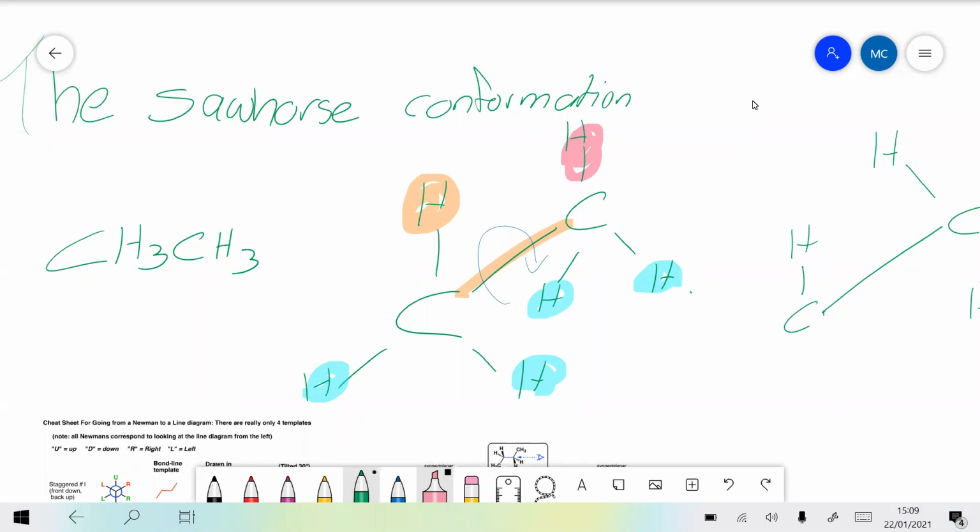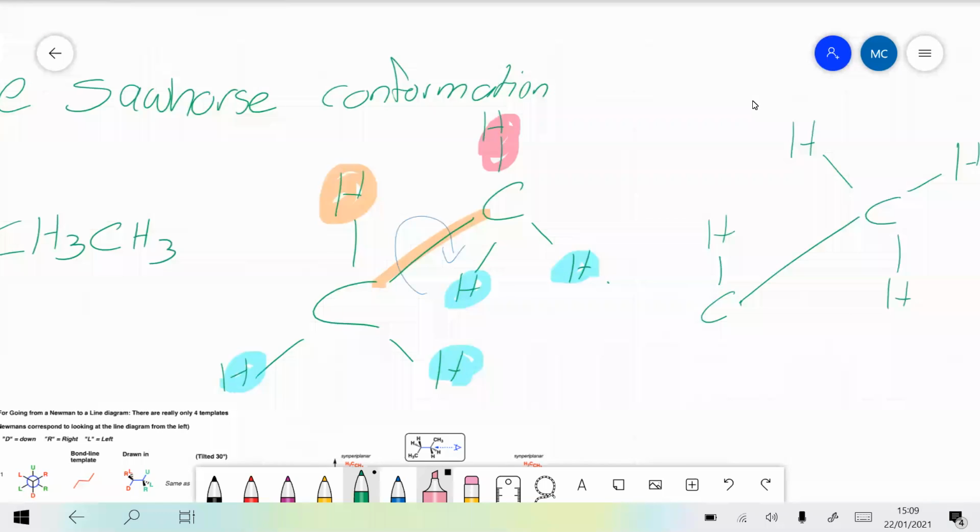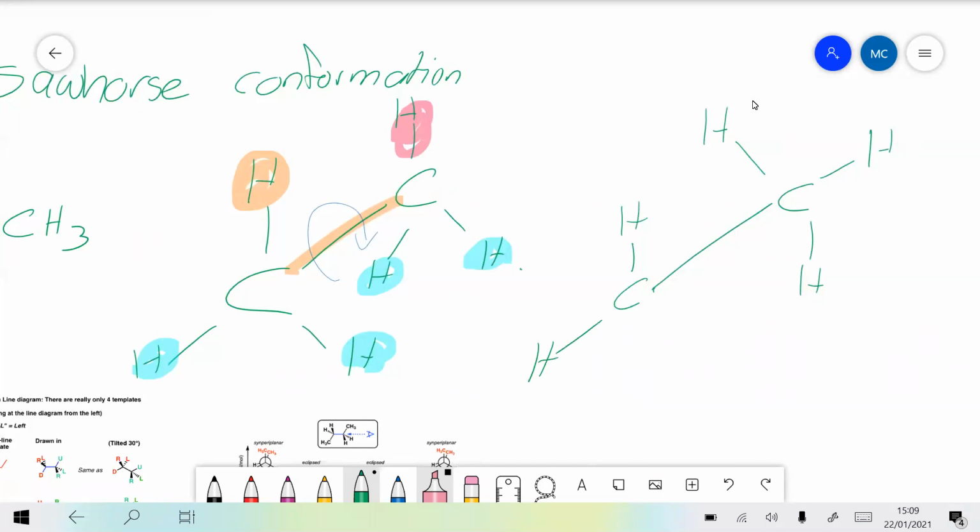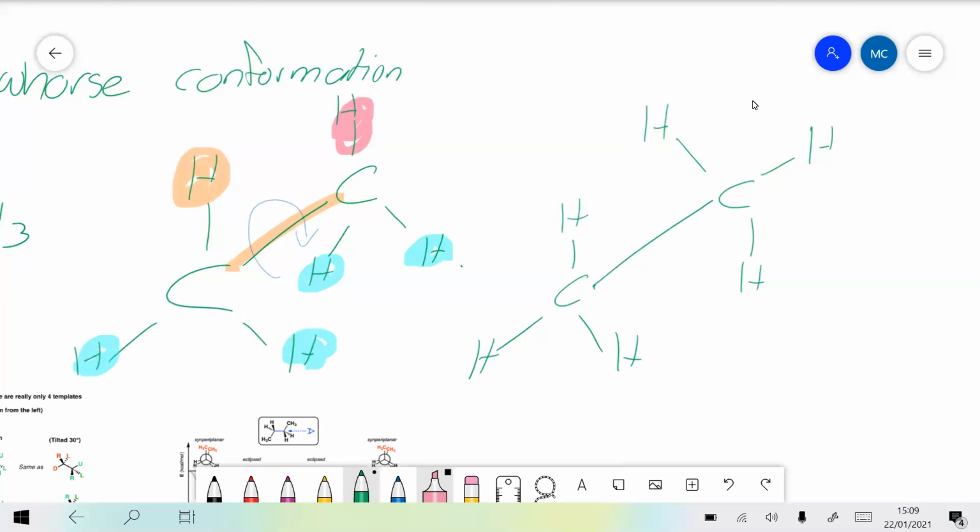It's 120 degrees because when we look through ethane from the opposite direction, the angle will look as if it's 120, as if it is trigonal planar. We know it's not trigonal planar, but when we look at it from that direction, that's what it looks like. And in fact, the carbon-carbon bond can rotate, and now these are going to be in a different arrangement.